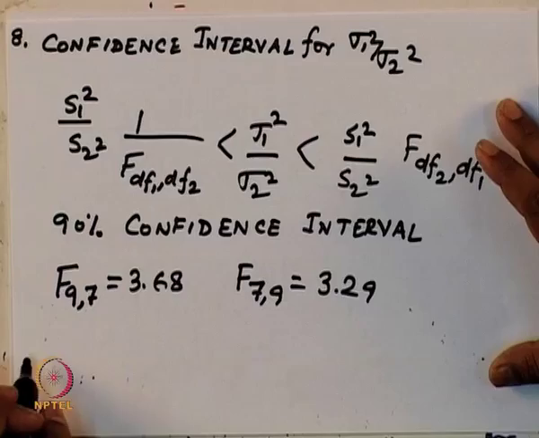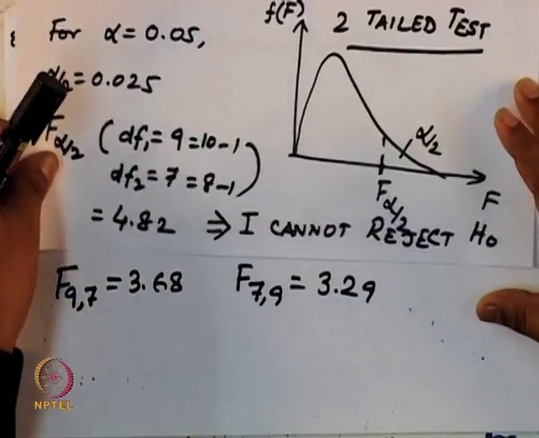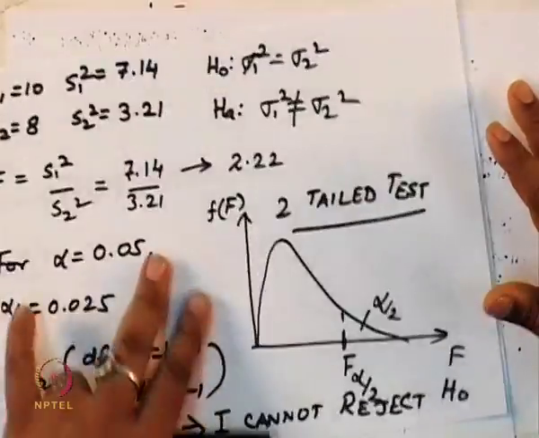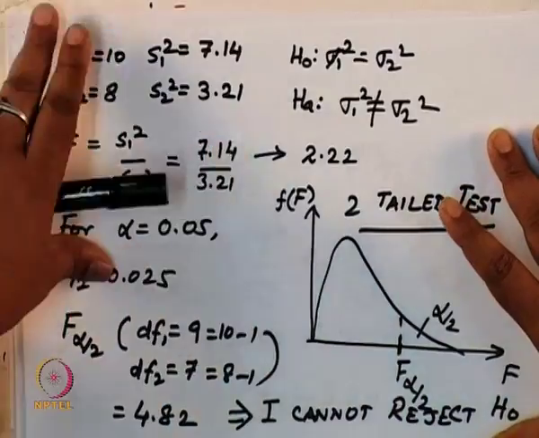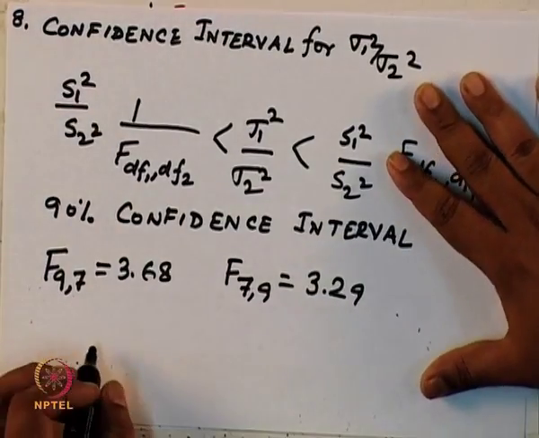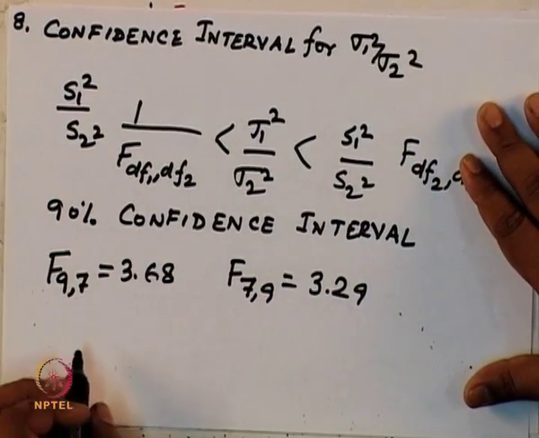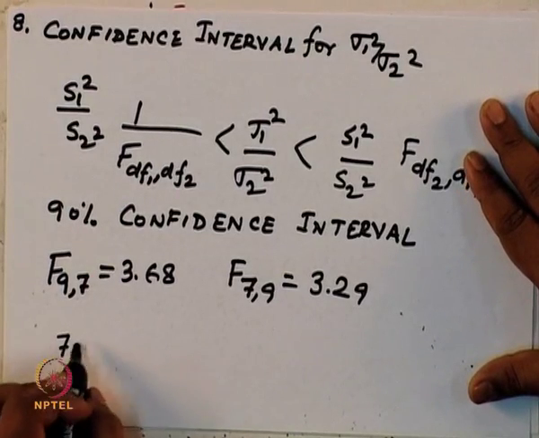So for this case you had S1 square 7.14 and S2 square 3.21, right. That is why you got df1 is 9 and df2 is 7. So for this particular case you can calculate the lower and upper bounds of sigma 1 square by sigma 2 square as 7.14.